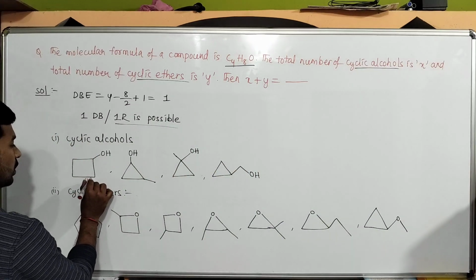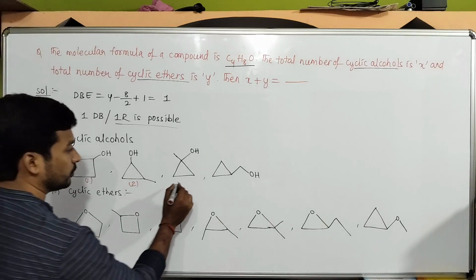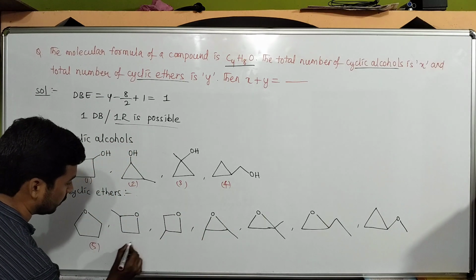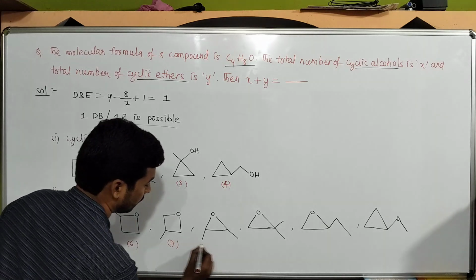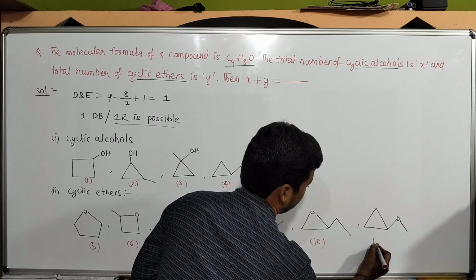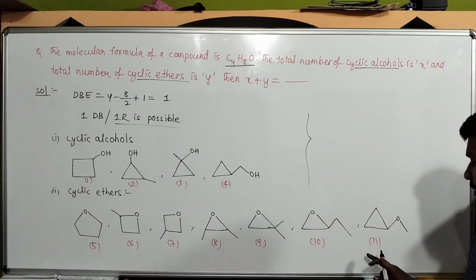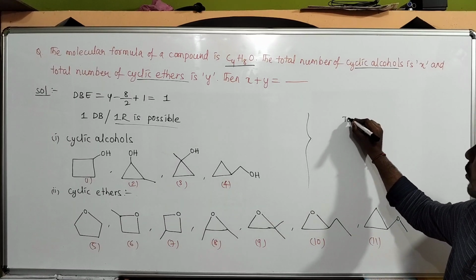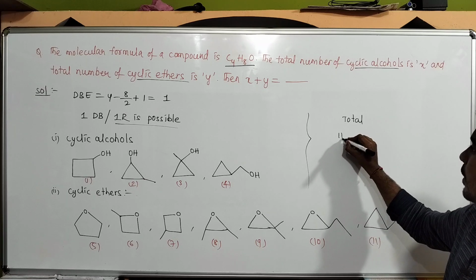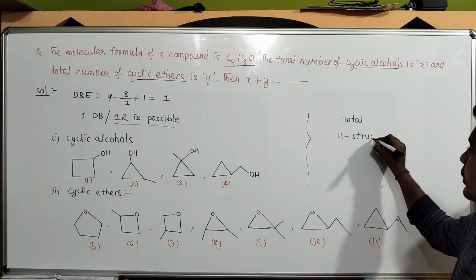Count the number of isomers: 1, 2, 3, 4, 5, 6, 7, 8, 9, 10, 11. Total 11 structural isomers.